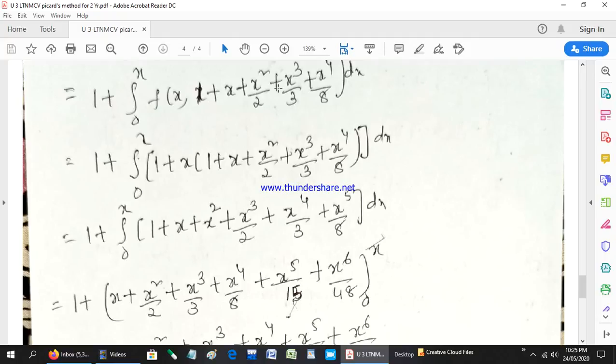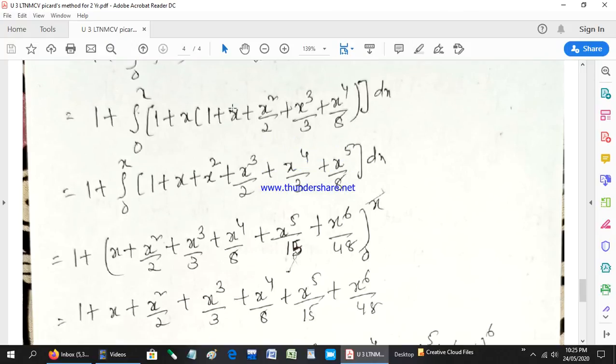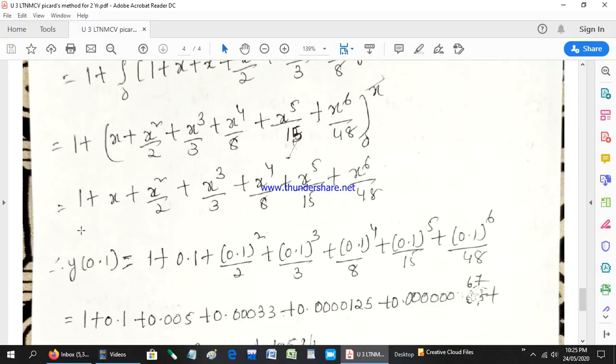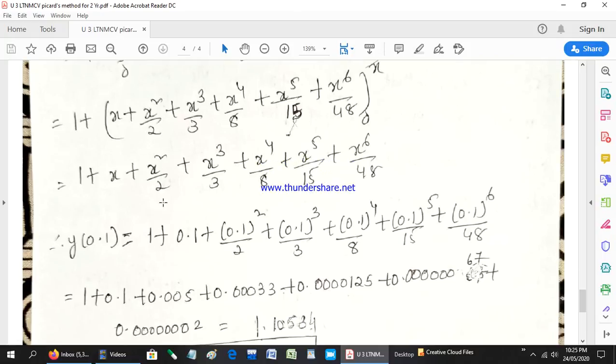So x into y, where this is the y value now, and which is of the form f of xy. So simplifying this step will give you an integration from 0 to x, finally giving you the simplified value as 1 plus x square plus x cube plus x power 4 plus x power 5 plus x power 6.